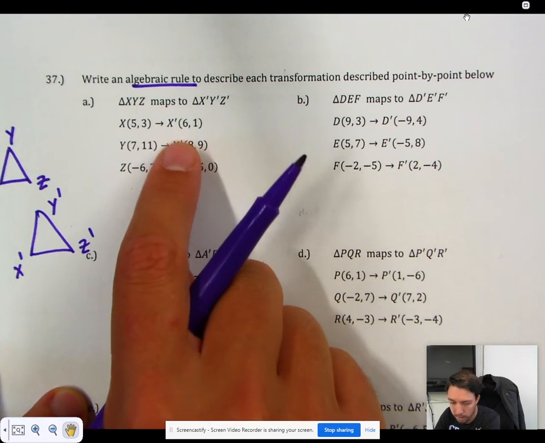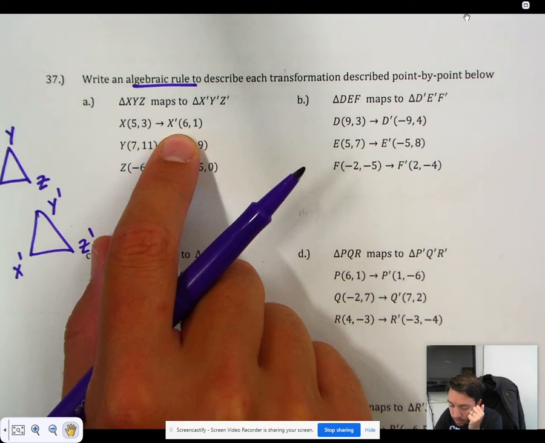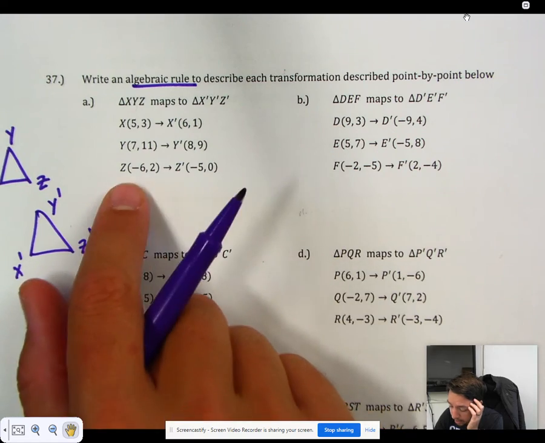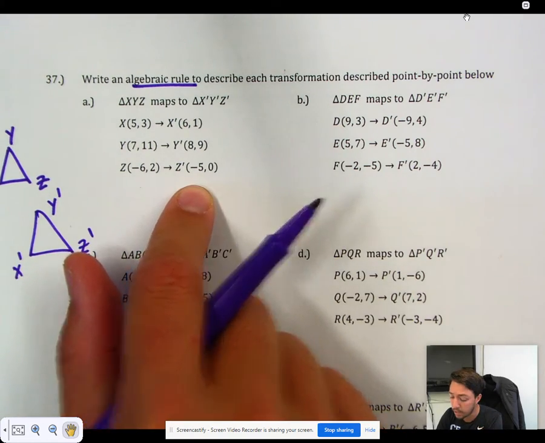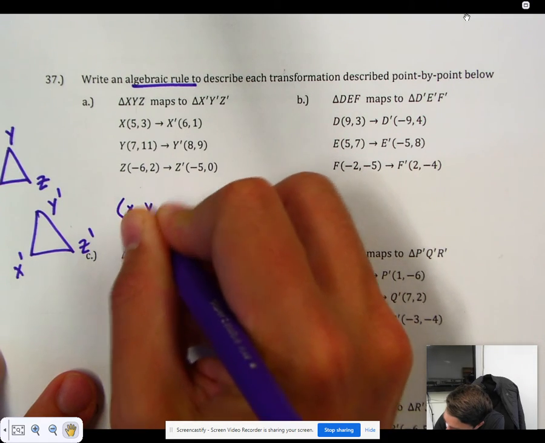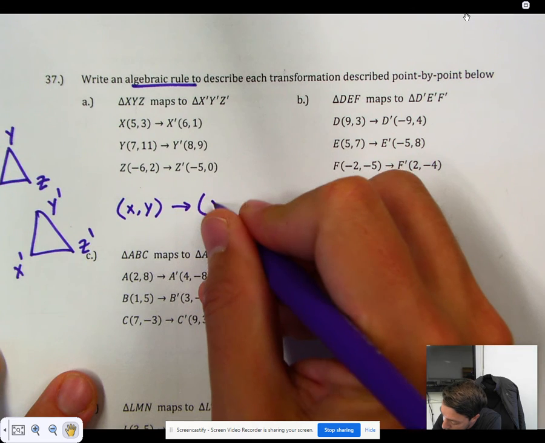What's happening here? Maybe let's first focus on the x values. 5 went to 6, so that's 1 bigger. 7 went to 8, that's 1 bigger. And negative 6 went to negative 5, that's again 1 bigger. So that's pretty good evidence that, what's happening to the x value?